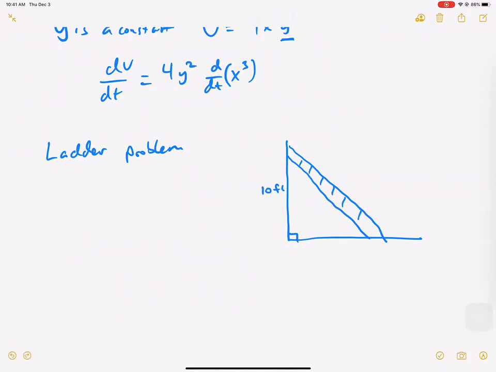I'm going to use 8 feet tall, and the ladder is currently 6 feet away. Using Pythagorean theorem, how long do you think the ladder is going to be? 6 squared plus 8 squared equals c squared. 36 plus 64 is 100. So our c value is 10.